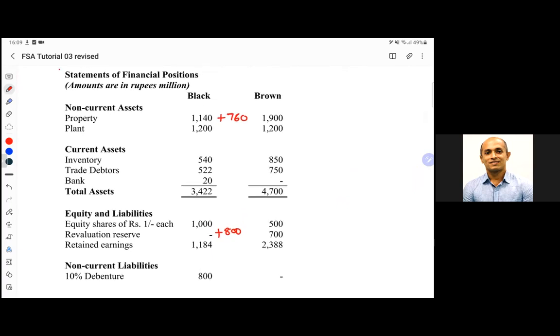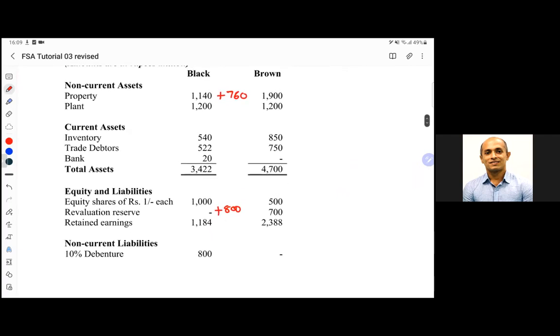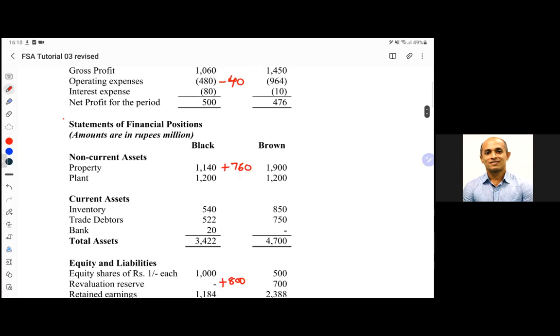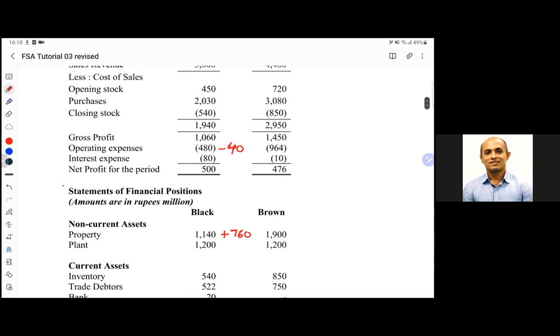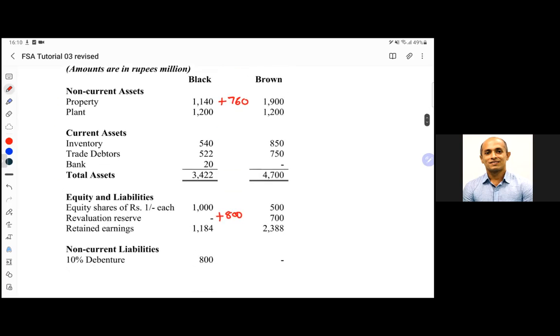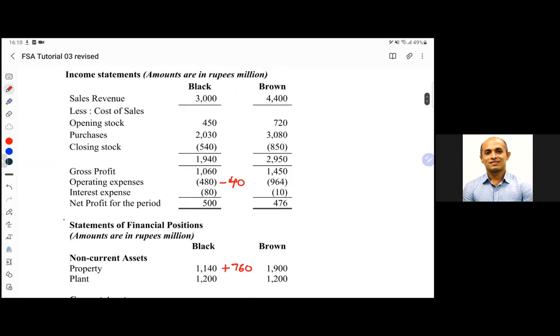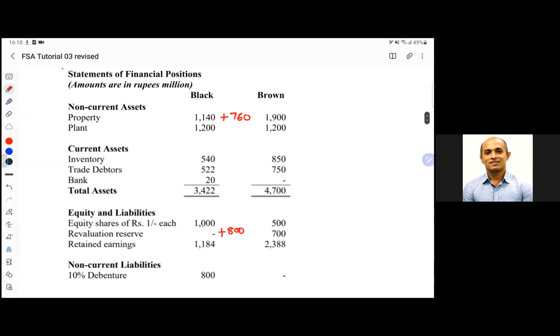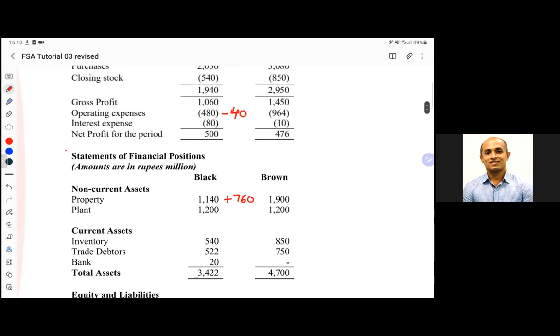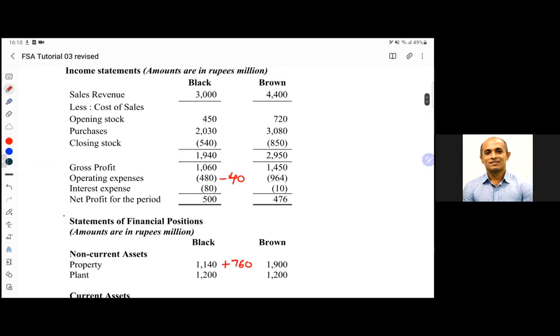Now you see the adjustments: revaluation reserve increases, property value increases, expenses increases. Revaluation reserve increases by 800, property value increases by 760, and expenses increases by 40.